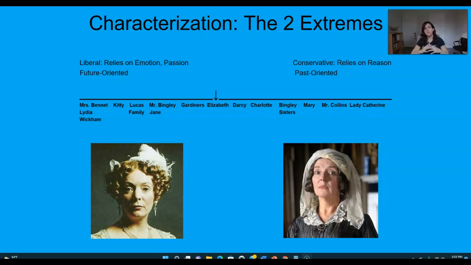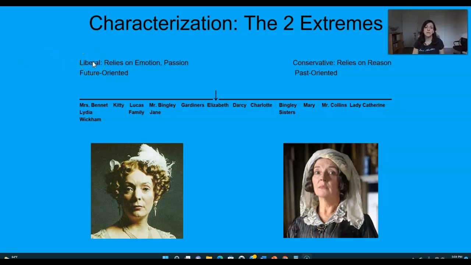And in terms of political view, we have the liberal and the conservative camps. The liberal is often associated with future-oriented thinking, and this is not quite our liberals and conservatives. It's more like how, during Jane Austen's time, they considered liberal-minded versus conservative-minded people.